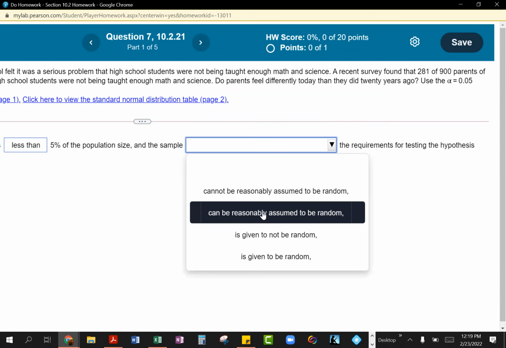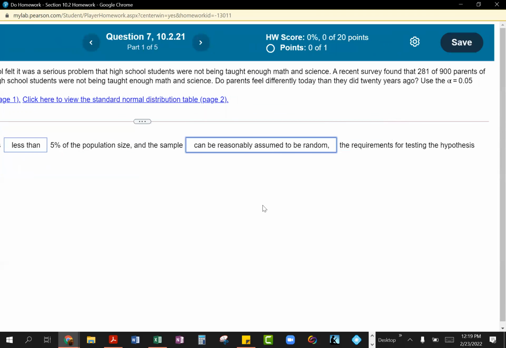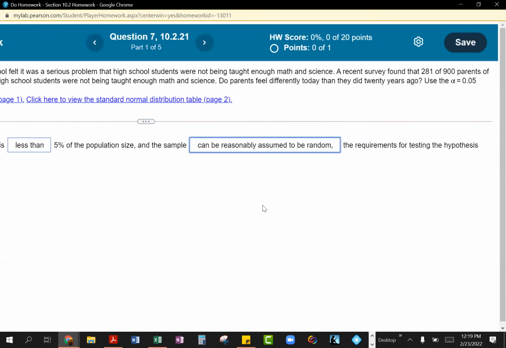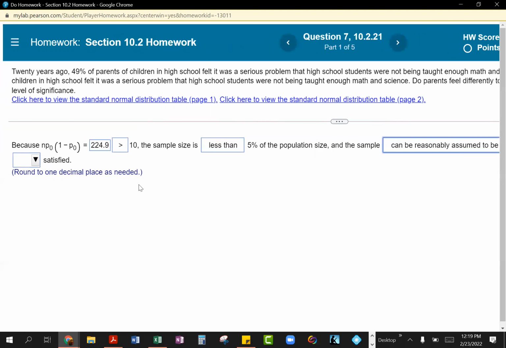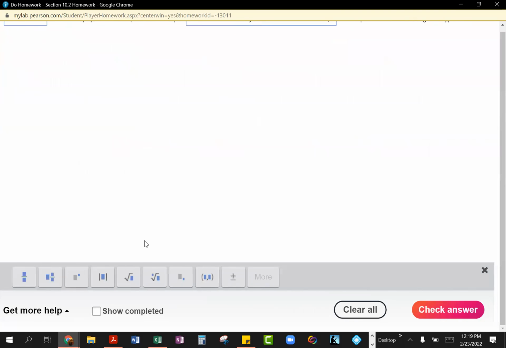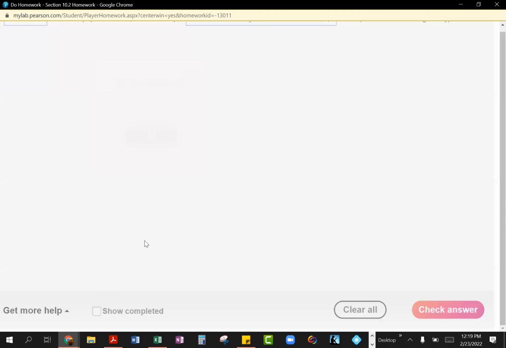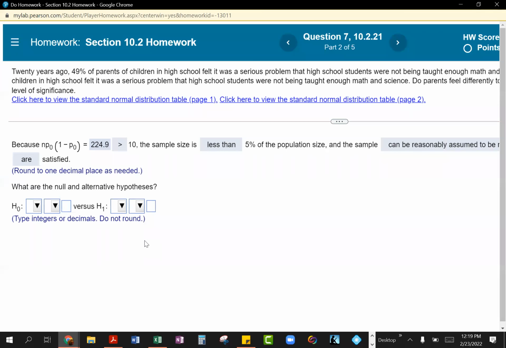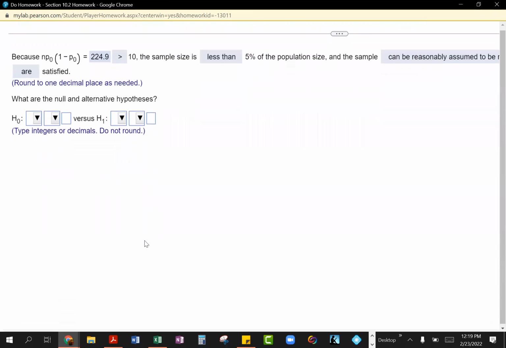So we can say it can be reasonably assumed that the sample is random. The requirements for testing the hypotheses are satisfied. Especially the big part here was this number has to be larger than 10, so we definitely met that. We can make the assumption about the sample size being less than 5%.